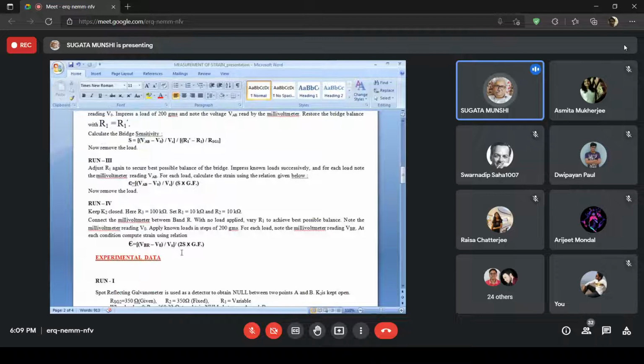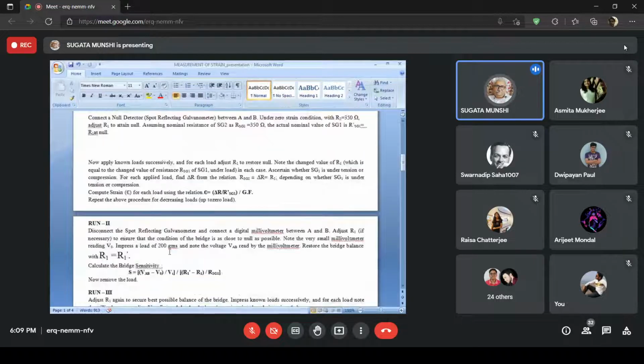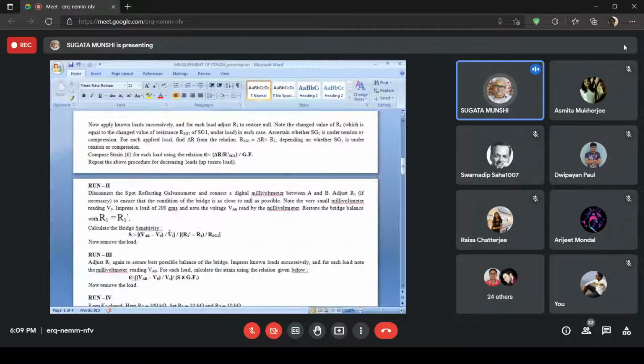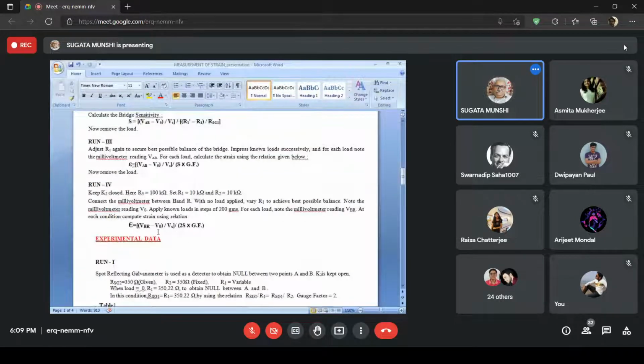Now it will become double. So whatever sensitivity you had calculated here, this sensitivity, now it will become 2S. All right, 2S. VS এর ভ্যালুটা তোমাদের দেওয়া থাকবে। So epsilon becomes VBR minus VO. VO will be assumed as 0.